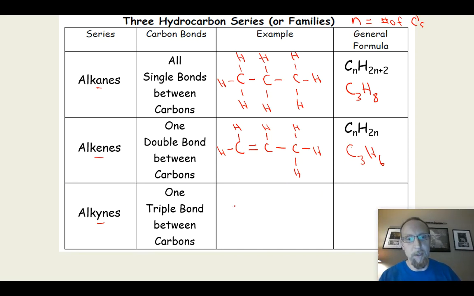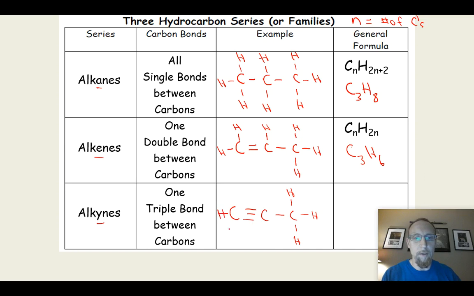And the last one is an alkyne. Now instead of a double bond, we've got a triple bond. And now we have to put our H's all around, but remember, each carbon can only form 4 bonds. So look, this one's 1, 2, 3, 4. That one's done.